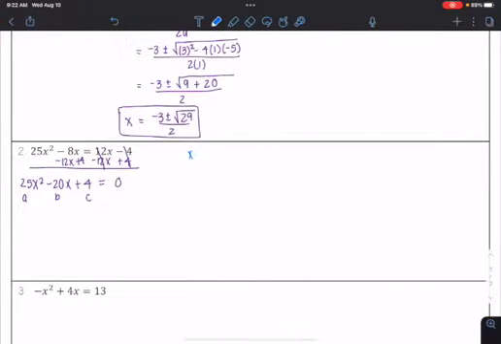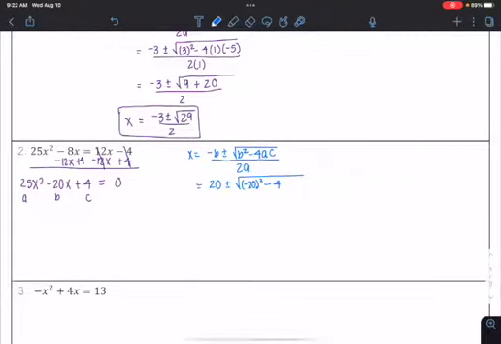My formula is x equals negative b plus or minus the square root of b squared minus 4ac all over 2a. Here my b value is negative 20, so when I take the opposite of negative 20, this is going to be a positive 20 plus or minus the square root of b squared. So I have negative 20 squared. Make sure you put parentheses around that negative 20 because we are squaring the negative 20.